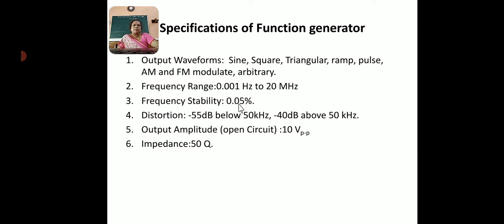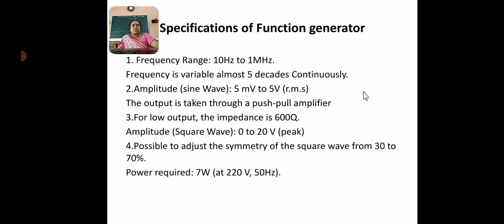Frequency stability is 0.05%, and distortion is 55 dB below 50 kilohertz and minus 40 dB above 50 kilohertz. Output amplitude is 10 volts peak to peak. Impedance is 50 ohms. So these are some typical important specifications of a function generator.